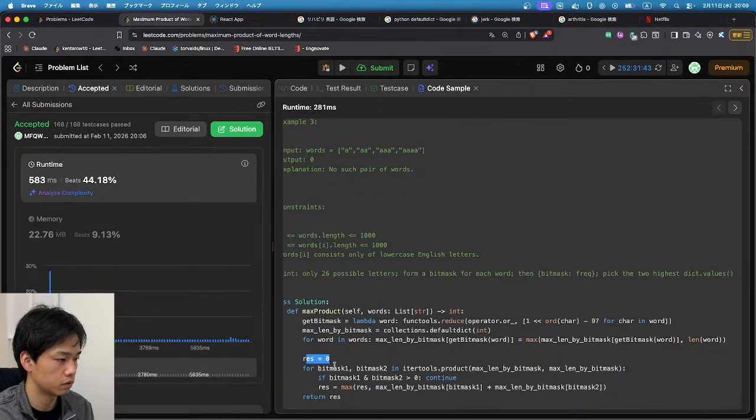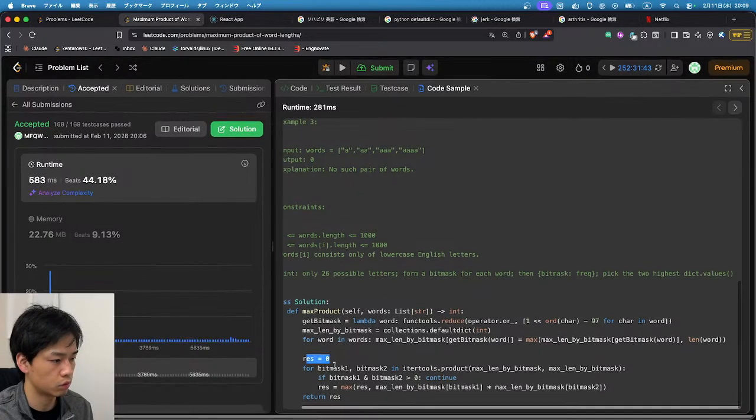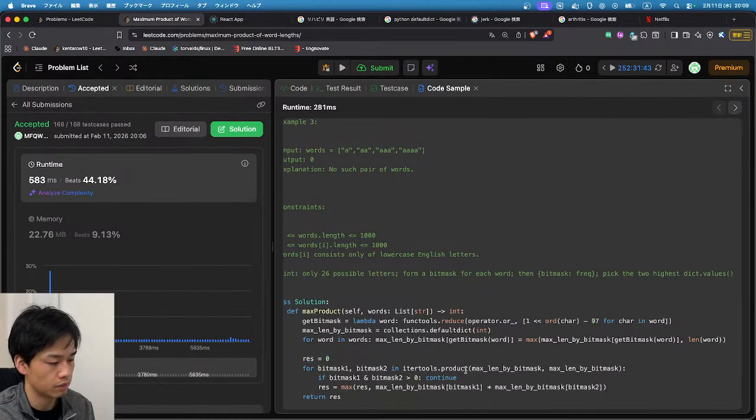And how to find the answer? Product of bitmask and bitmask 2. So this is the same as a double loop, because it's a product.